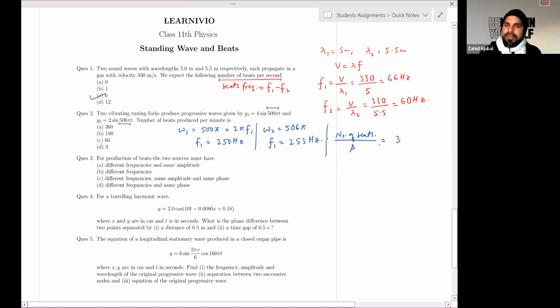So you must divide this expression by 1 by 60, then you'll get the number of beats per minute. It will be 3 divided by 1 by 60. So it will be 3 into 60, that is 180.